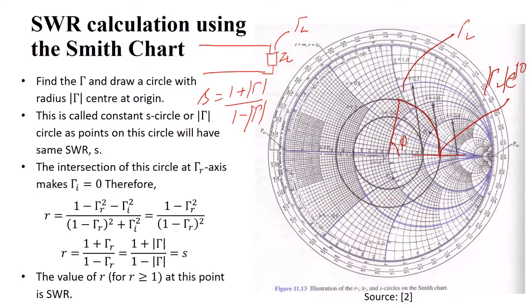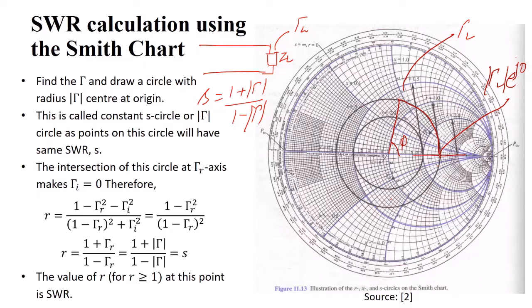Also, this axis is for that value of impedance where the reactance is zero. So this is the resistive load line. Here the resistance is there, however the reactive component is zero. So if you calculate the impedance back using this reflection coefficient, you will get only the R component, where X will be zero.